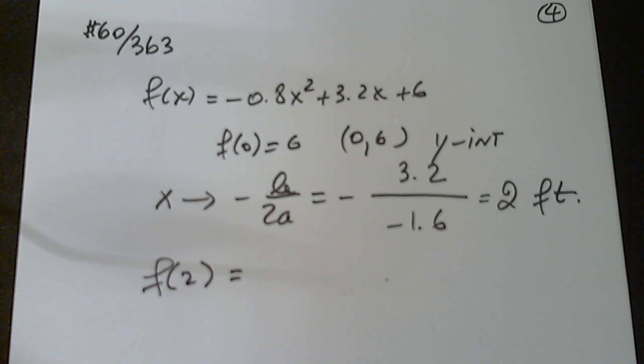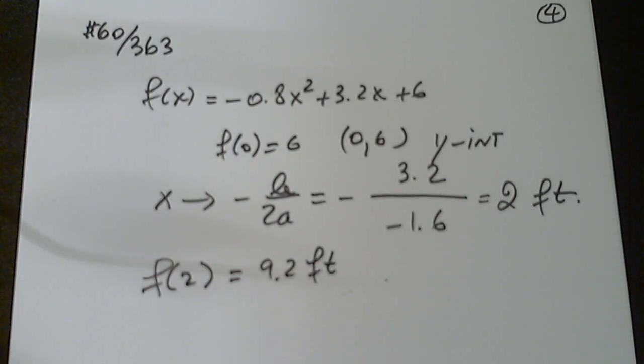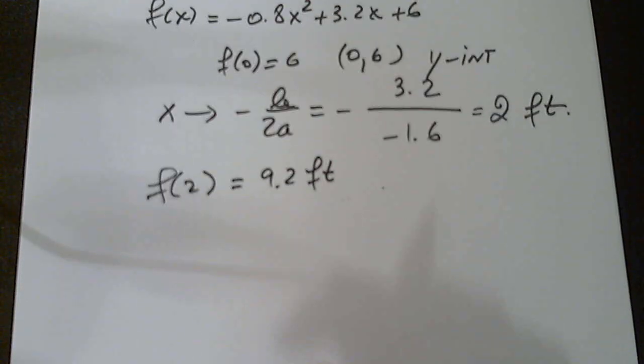So why not have it ready? Negative 0.8x squared plus 3.2x plus 6. You have the function. We plug in 2, and we get 9.2 right away. Don't forget the measurement unit. This is feet. So this is the maximum height.